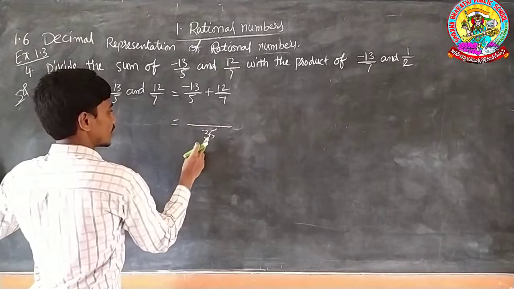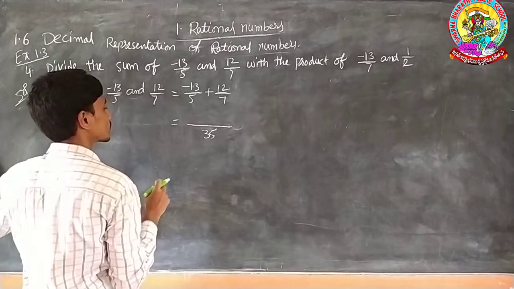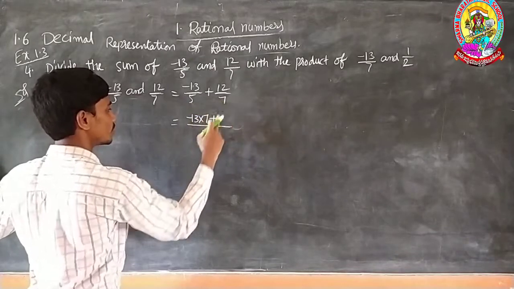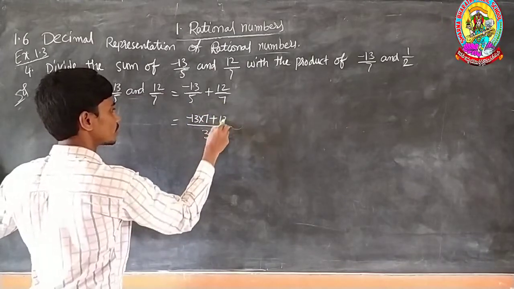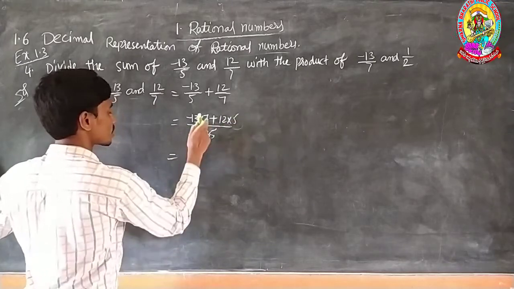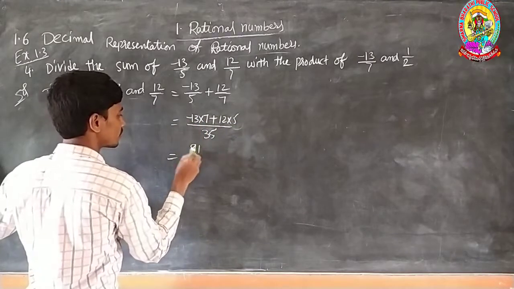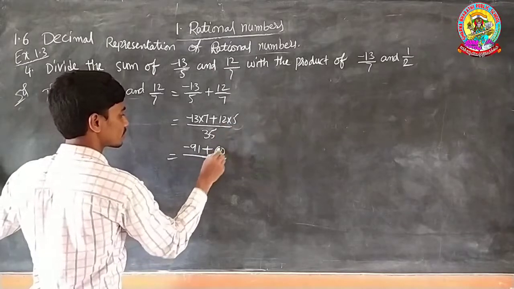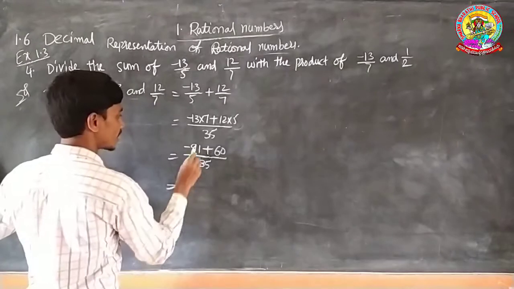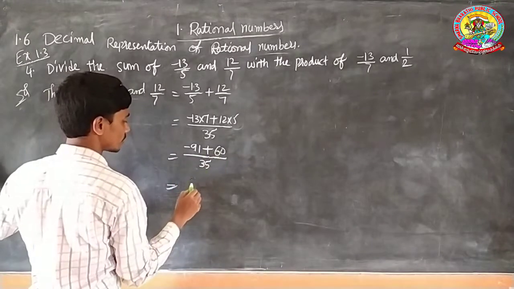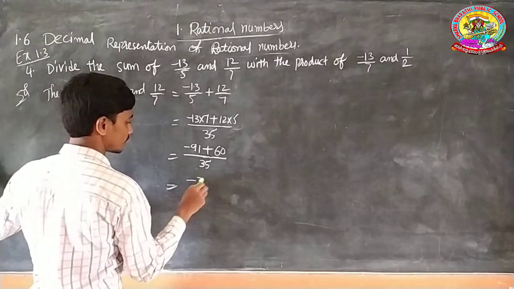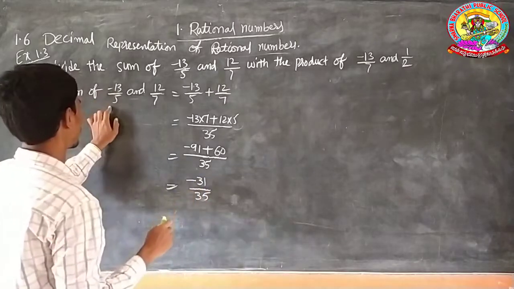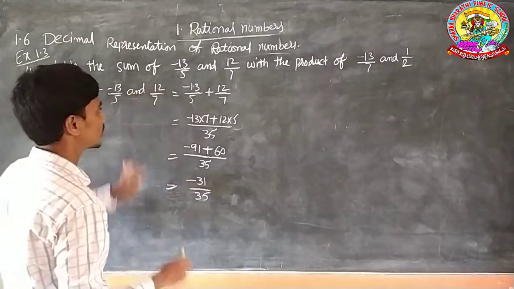In the 5 table, 35 comes by 7 times, so minus 13 into 7, plus in the 7 table 35 comes by 5 times, so 12 into 5. So 7 13s are 91, here it is a minus number, plus 12 5s are 60, by 35. So minus 91 plus 60 gives minus 31 by 35. This is the sum of minus 13 by 5 and 12 by 7.